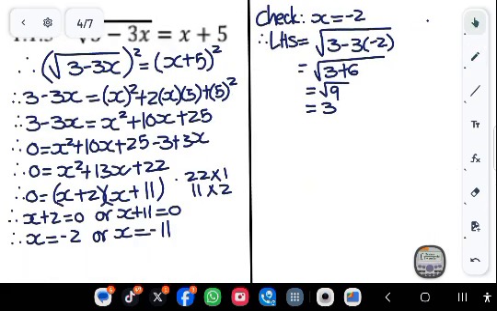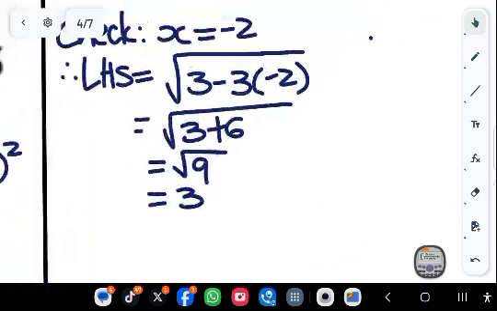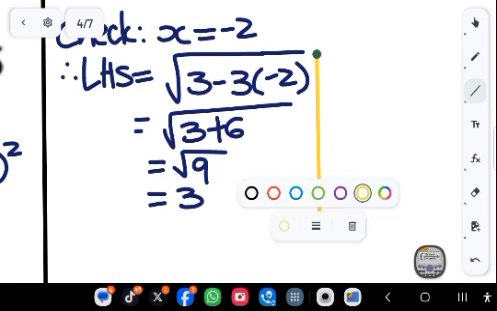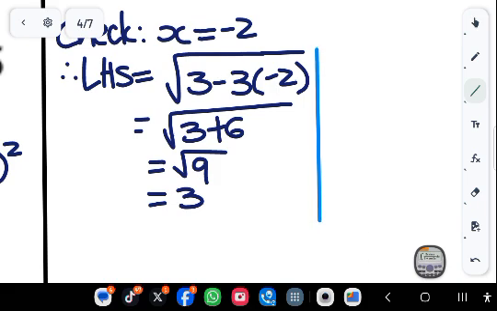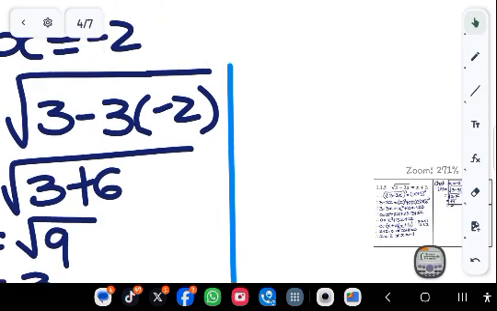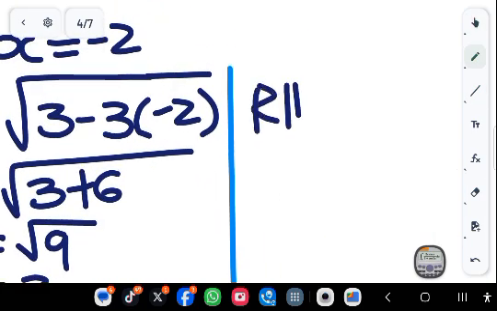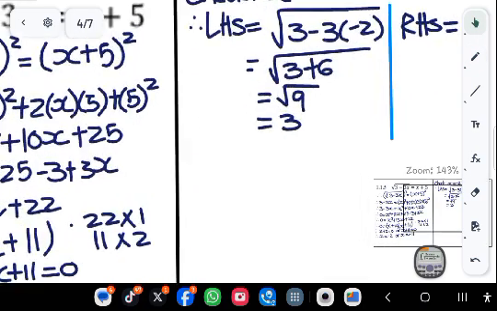Alright, let's check the right hand side. The right hand side equals x plus 5.